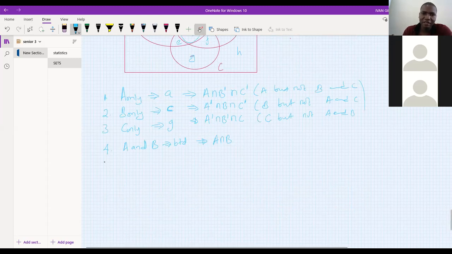Then the next one, the same thing applies to B and C. B and C, you look for the intersection of the two.